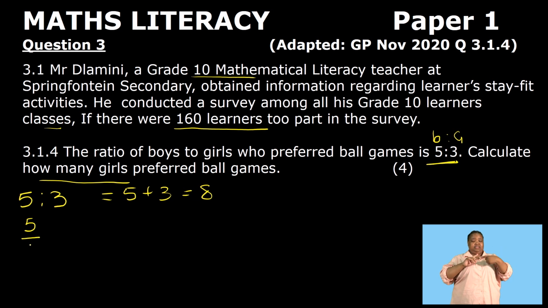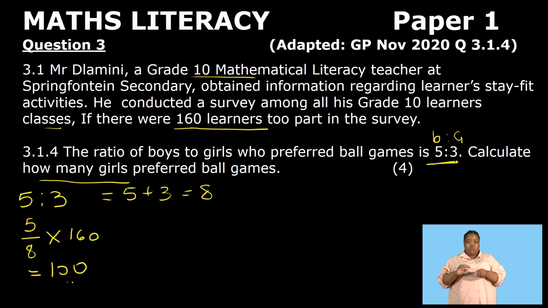So it's 5 divided by 8 multiplied by the number of learners who participated in this survey. So it's 160 learners. Having 5/8 multiplied by 160, this gives us 100. So it means we have 100 boys, and we continue with our next ratio.